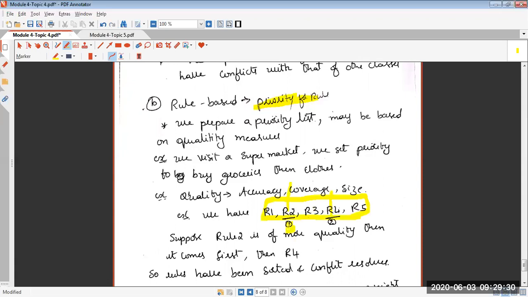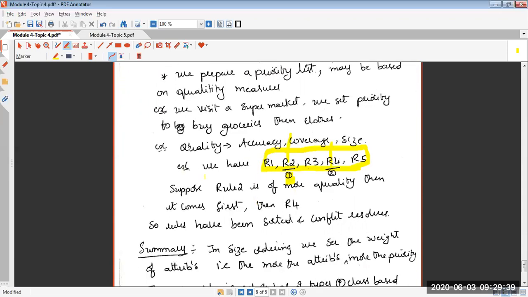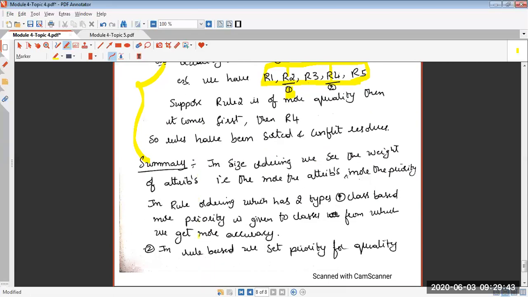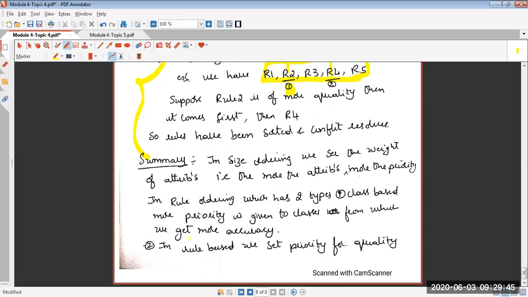We explored that priority is computed based on the weightage of the attributes present in a rule. So I did not cover that in detail. We had a summary here. This was topic 4, where we understood how a rule-based classifier works, what challenges it will experience, and what the solutions for those challenges are.